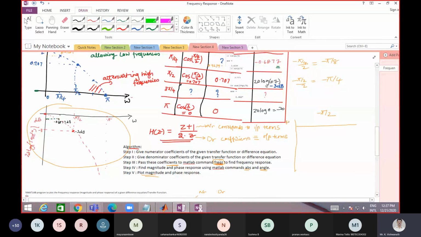So the angle of h of e power j omega is plotted against omega, with omega equal to 0, pi by 2, and pi. At 0 it will be 0, so we can put the curve directly at 0. At pi by 2 it will become minus pi by 4.